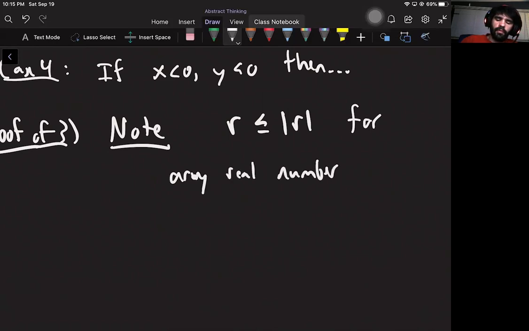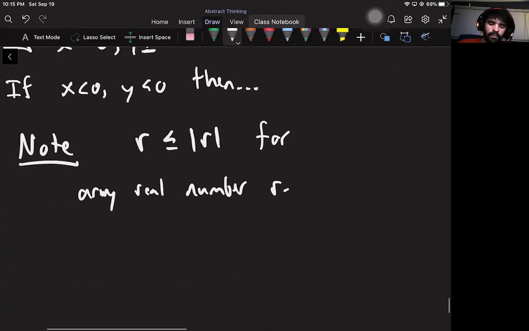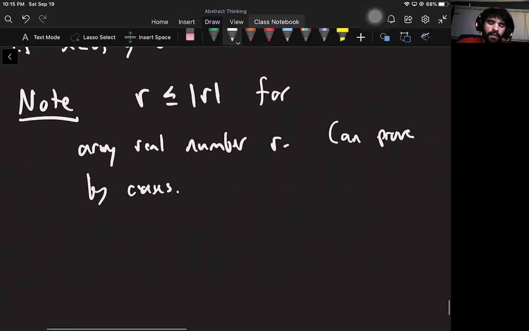I hope you can believe me, but you can actually prove it if you want by cases. Basically, if r is already positive, it just equals itself, so it's less than or equal to it. But if r is negative, then negative is less than positive always, so it's going to also be less than the absolute value of itself. And that's how you prove by cases.